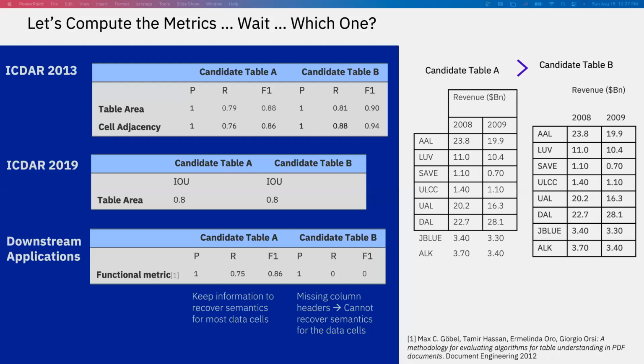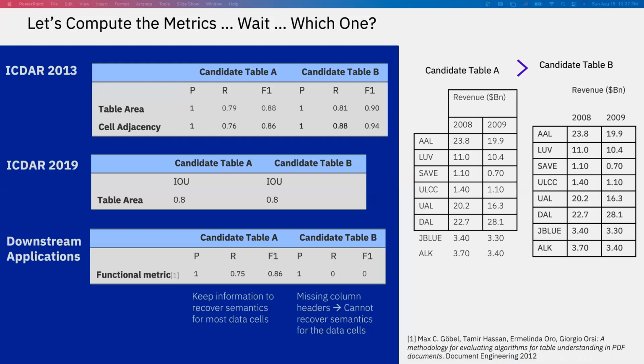So that's how you can recover the entire semantics. We can recover these semantics from table A because the column headers are there. But this information is completely lost from table B. In table B, you can only know 11.0 is something related to LUV. But the fact that this is the revenue in the unit of billion for 2008, that is completely lost.